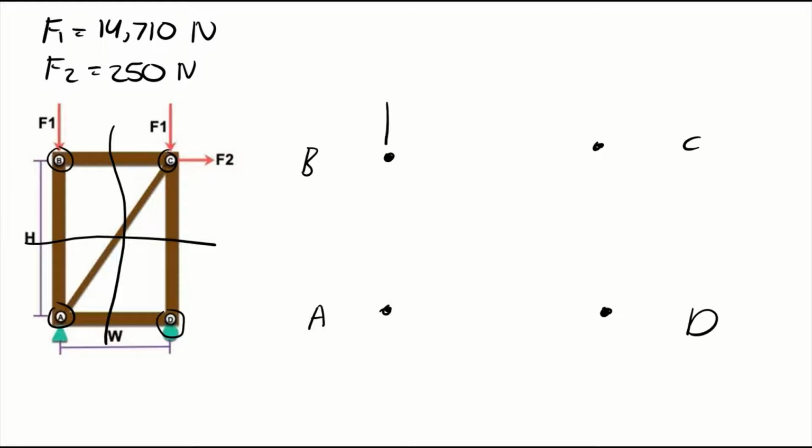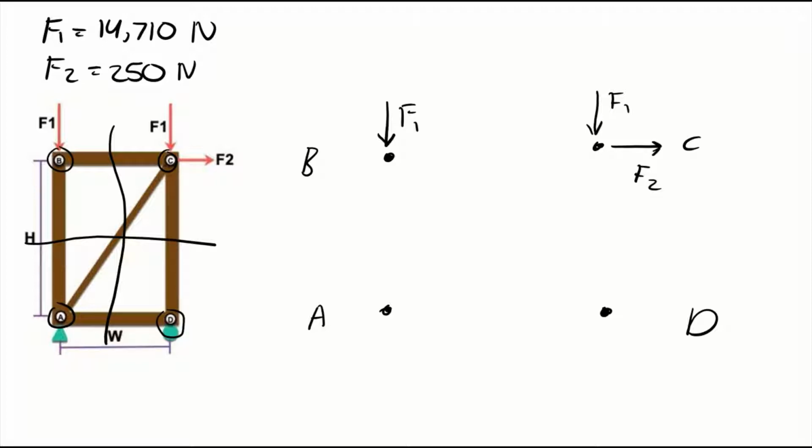So at joint B, we have force F1 from the water. At joint C, we also have force F1 from the water, from where we assumed that the 4 columns within the truss will have the same load from the water. Also at joint C, we have the wind load, F sub 2.